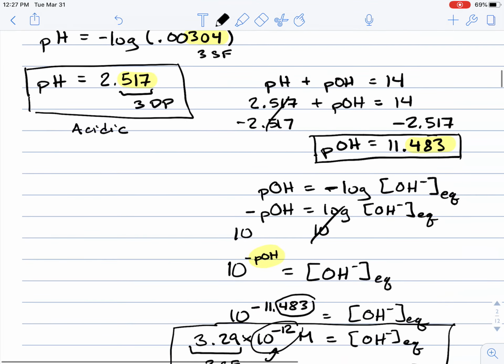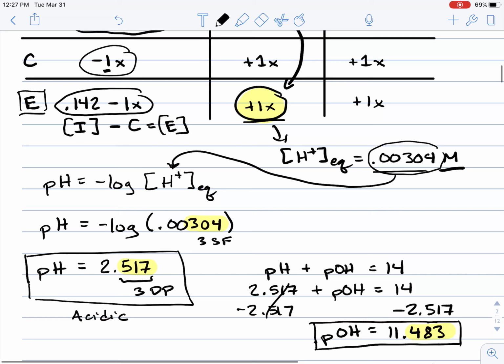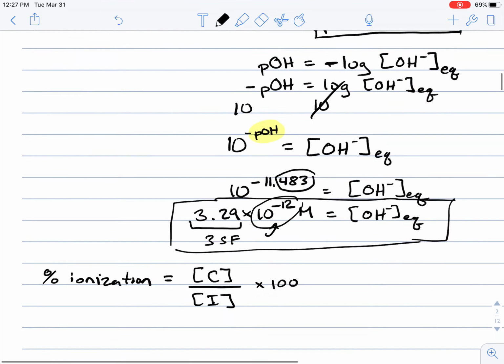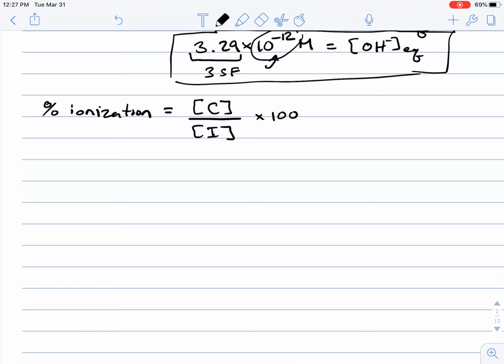Here in this case, the change is going to be the value for x that we solved for, which is 0.00304.